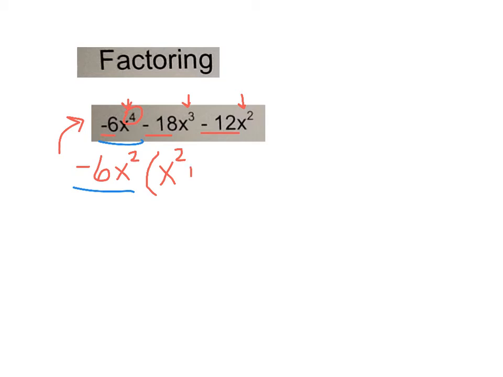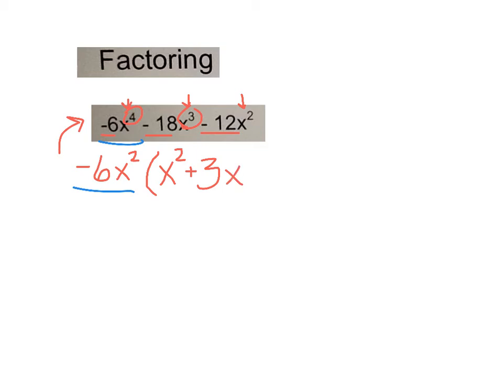It would be plus, because this negative times a positive will take us to negative. Well, -6 times 3 will take us to -18. There are 2 x's, a power of 2 on our x on the outside. We need a power of 3, so that means it would just be 1 more.